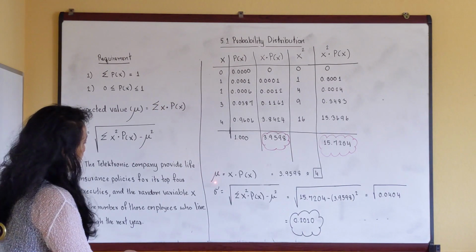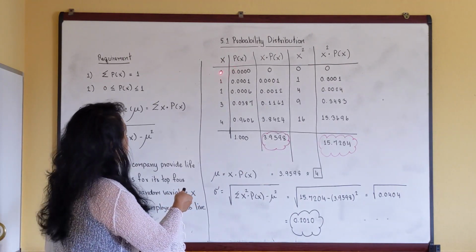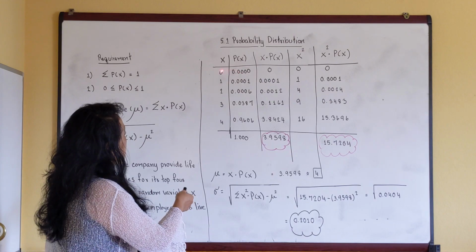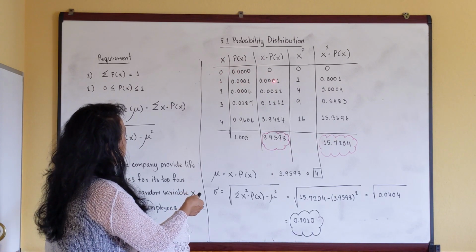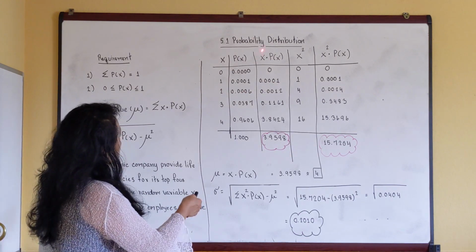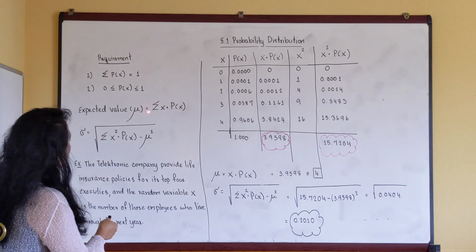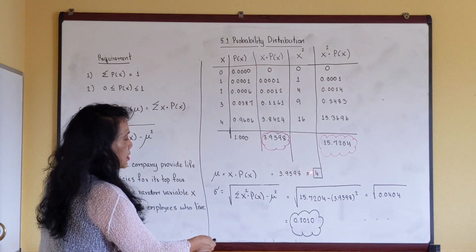Let's calculate the mean first. You multiply the first event, which is 0, times its probability, so that is 0. 1 times this is just 1. 2 times this is just this, and so on. Then for the mean, after you multiply, you add all of them.